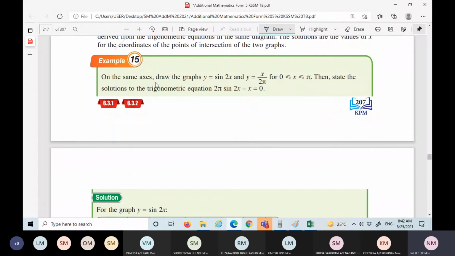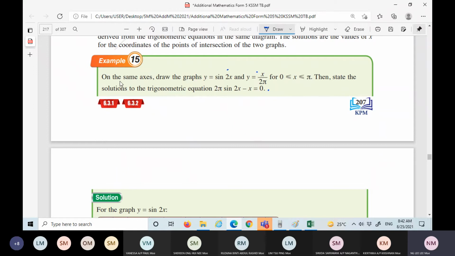Okay, on the same axes, draw the graphs y equals sin 2x and y equals x over 2 pi for the range from 0 to pi. Then state the solution of the trigonometric equation 2 pi sin 2x minus x equals 0. What is the relation between this and these two? After that I will show you.